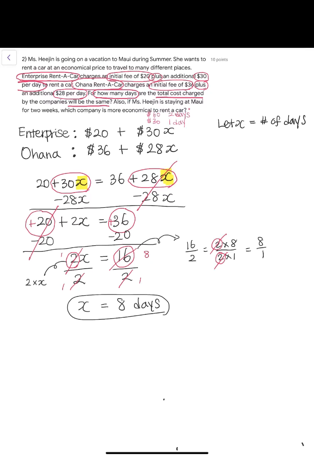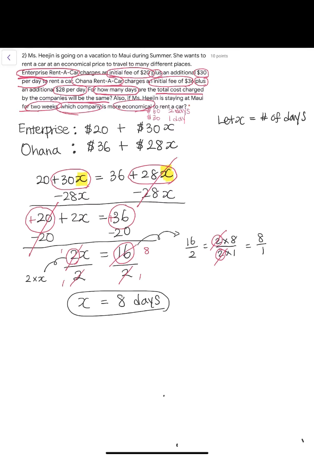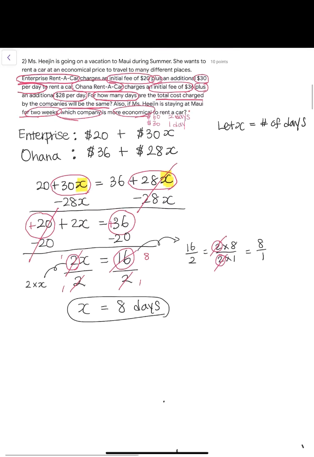And now let's go to the second question. It says, if Ms. Heejin is staying in Maui for 2 weeks, which company would be economical to rent a car? Well, economical means cheaper. So in order to solve that problem, we're going to have to substitute the x amount of days into the Enterprise and Ohana equations.